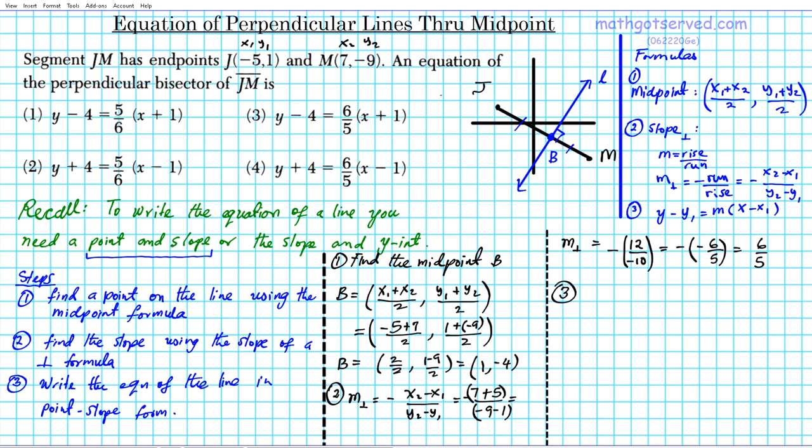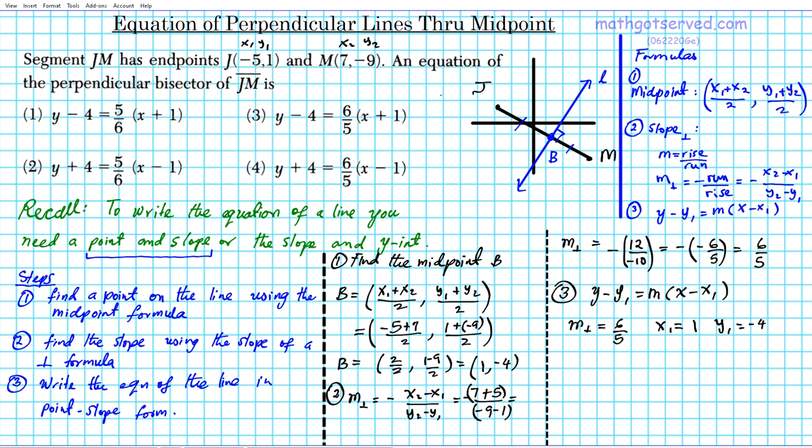We're just going to write down the equation of the line. All right, the formula is y minus y1 equals m times x minus x1. Okay, m in this case is the m perpendicular that we just found, which is 6 over 5. And then x1 is this guy right here, the point B, which is 1. And then y1 is negative 4.